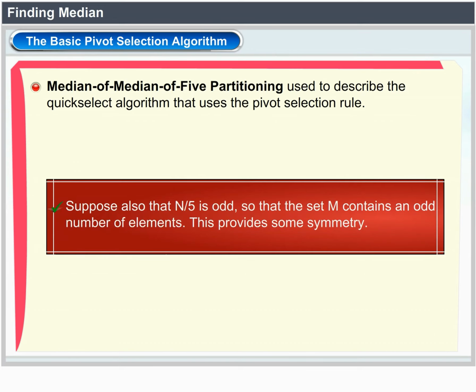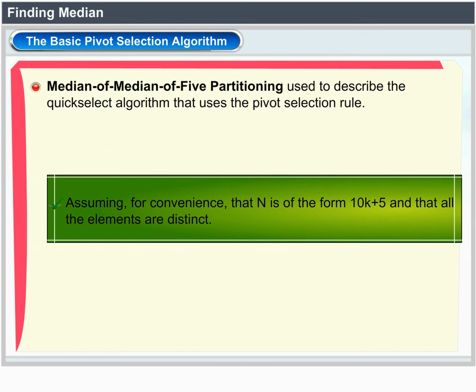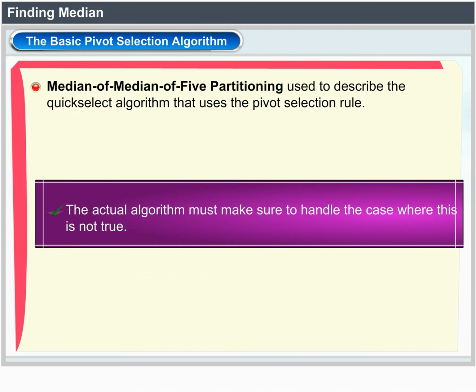Suppose also that n/5 is odd, so that the set M contains an odd number of elements. This provides some symmetry. Assuming, for convenience, that n is of the form 10k plus 5 and that all the elements are distinct, the actual algorithm must make sure to handle the case where this is not true.